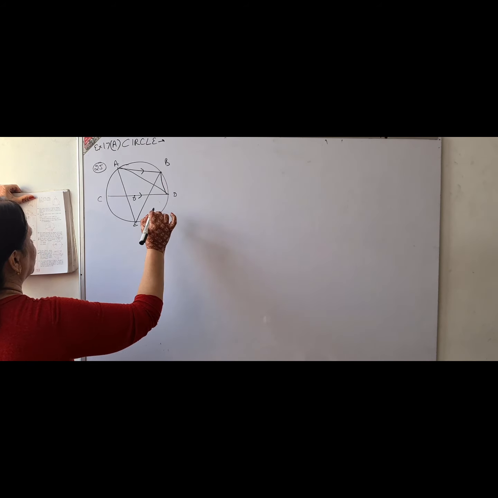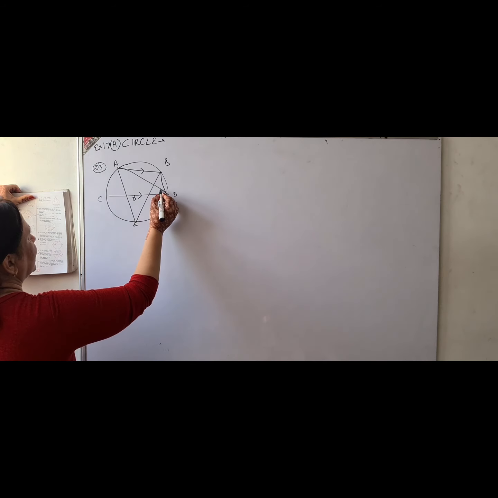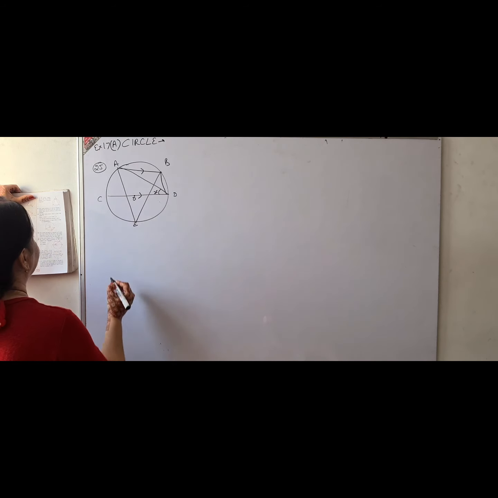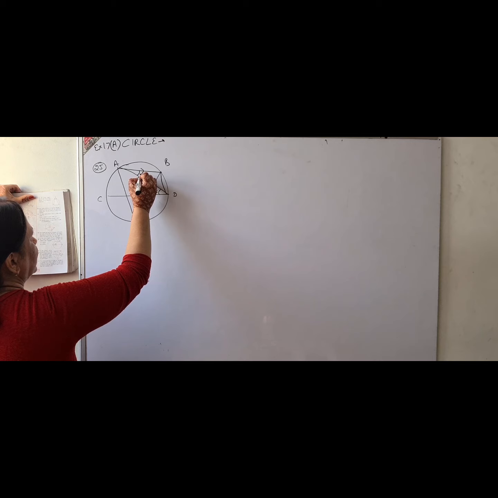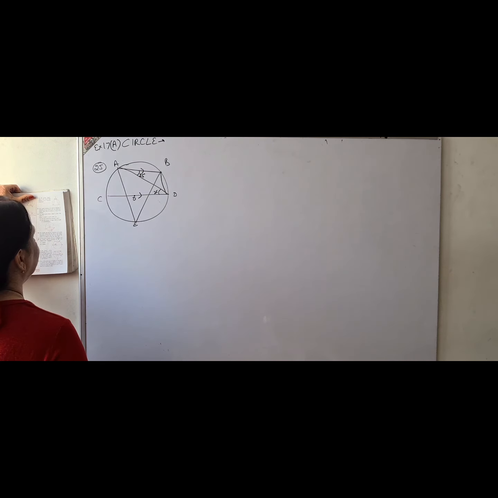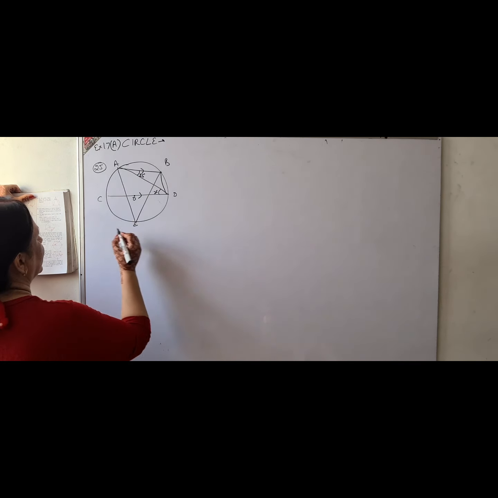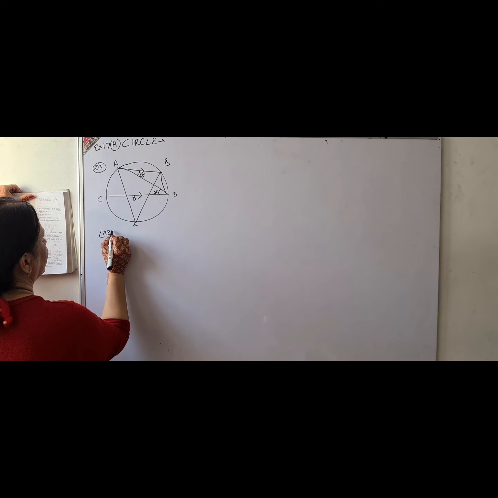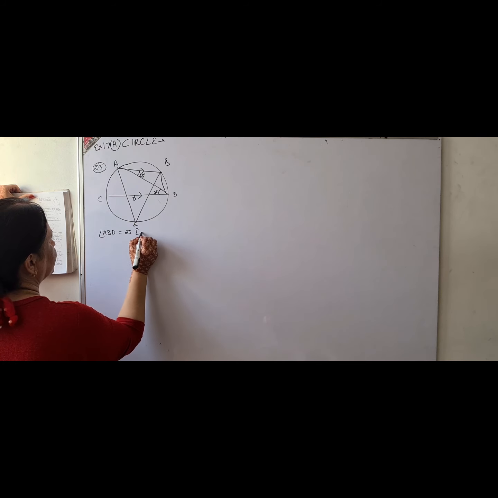Again, the question is very simple. This angle is given to be 25 and the lines are parallel, so this angle is also 25. Means ABD is 25, because of alternate angles.